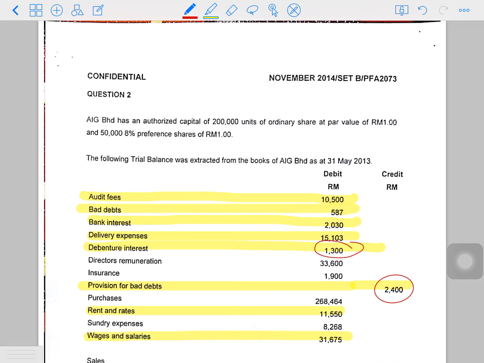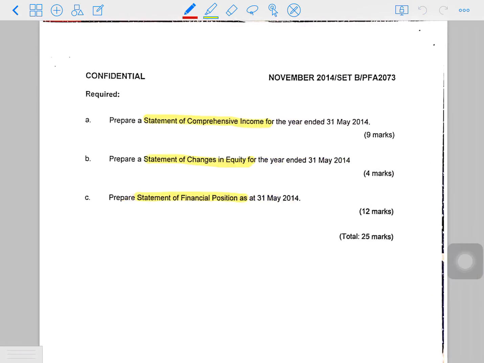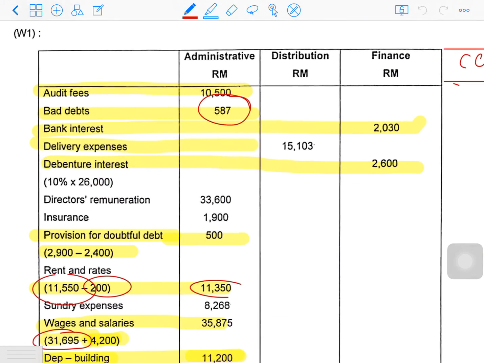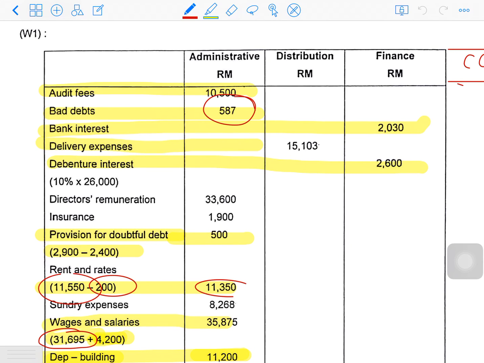That 1,300 is an accrual. They did not mention it in the additional information, so you have to provide it. So the double entry for the accrual for debenture interest: debit debenture interest, another half of 1,300. Debit debenture interest, which originally was 1,300. Okay, 1,300.